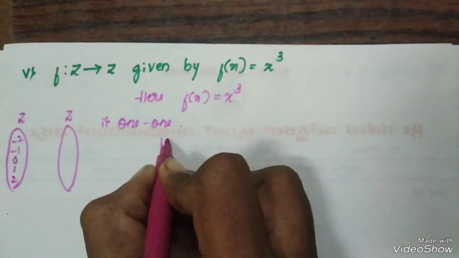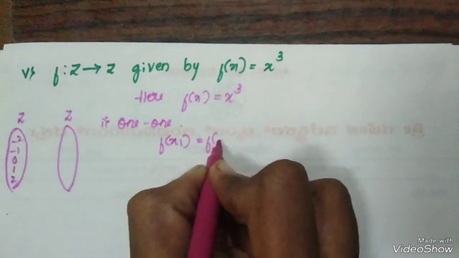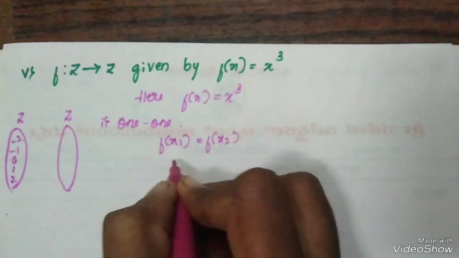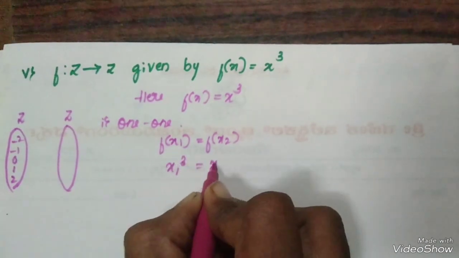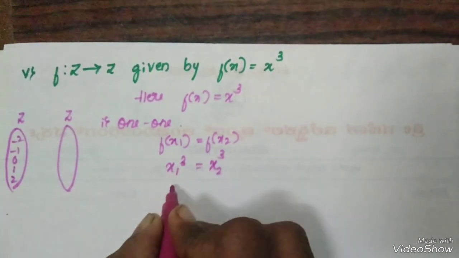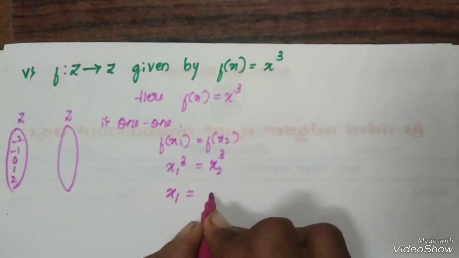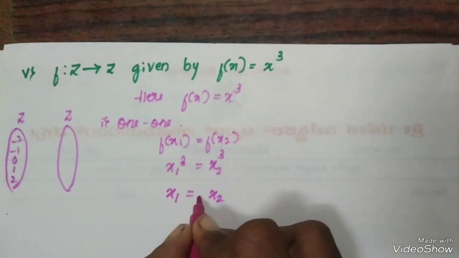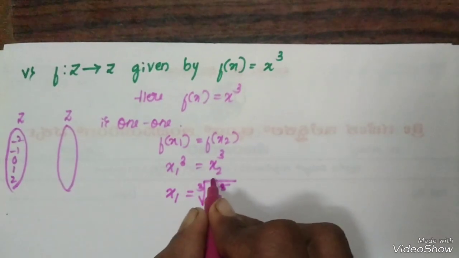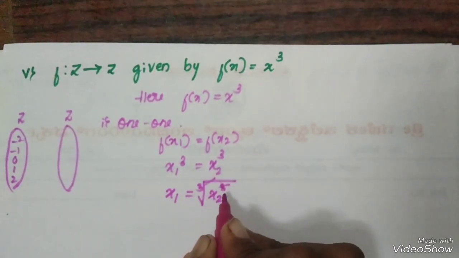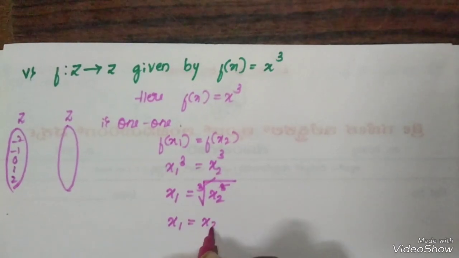Now f of x1 is equal to f of x2. Again f of x1 becomes x1 cube and f of x2 is equal to x2 cube. x1 cube is equal to x2 cube means x1 is equal to the cube root of x2 cube. Cube root and cube get cancelled. x1 is equal to x2.